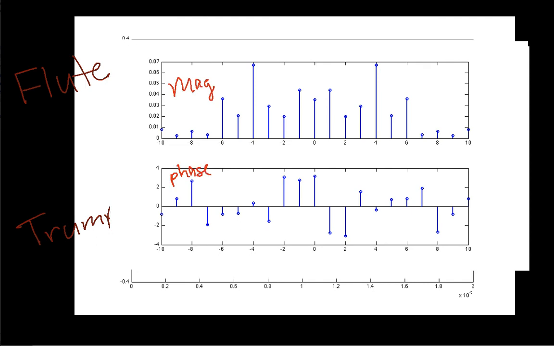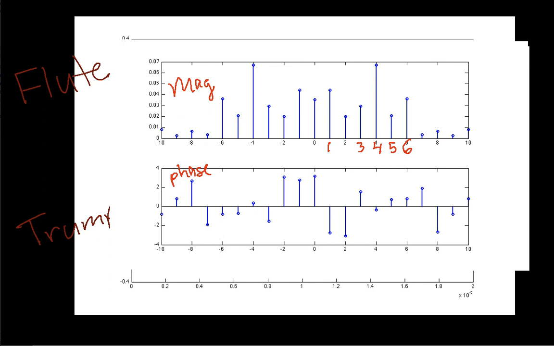And you'll notice that I have fairly large Fourier series coefficients in terms of their magnitude for the fundamental frequency, 2 times the fundamental frequency, 3 times, 4 times, 5 times, and 6 times. So that's why I have to use 6 sinusoids in order to fairly accurately reconstruct the trumpet, because my Fourier series coefficients are fairly large out to that value.